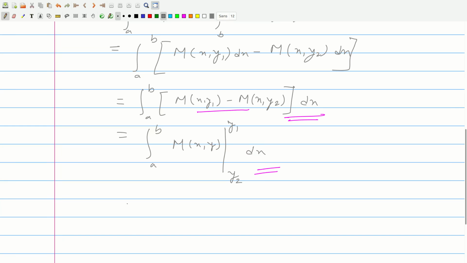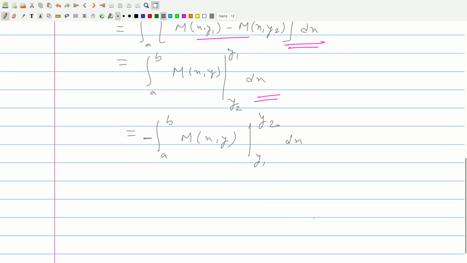So let's move ahead, and we would like to write it in this way: y2 to y1 means y1 to y2. So we have to change the order, y1 to y2. When you change the order, there will be a minus sign here. Now again, you can write this a to b.